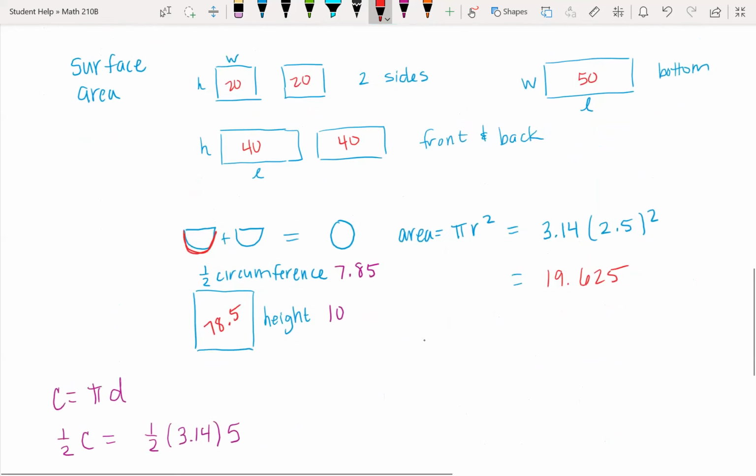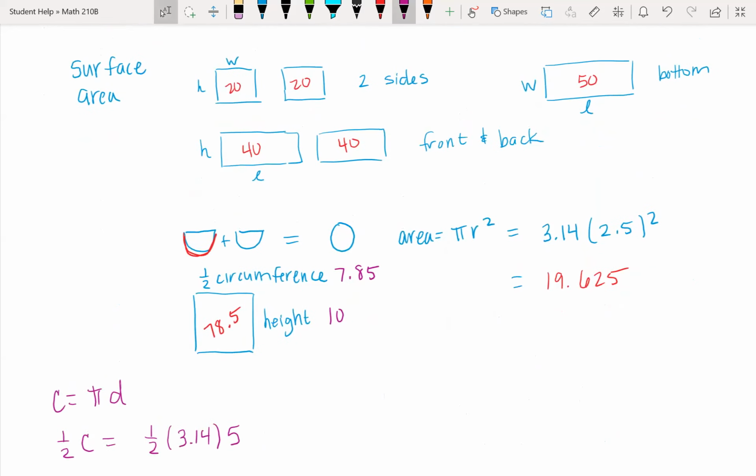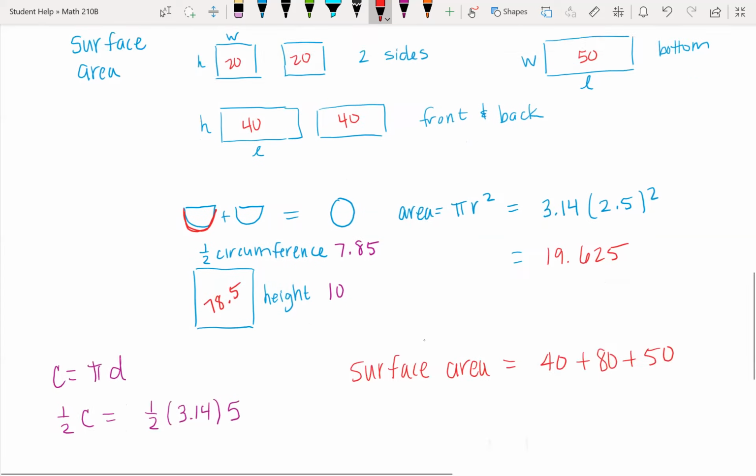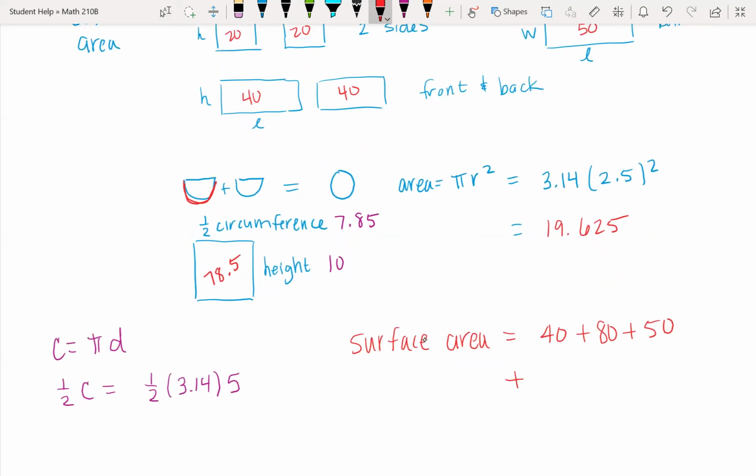So the total surface area: I have 2 sets of 20, that was 40. I have 2 sets of 40, that was 80. And I have a 50. And then I have 78.5 and 19.625.